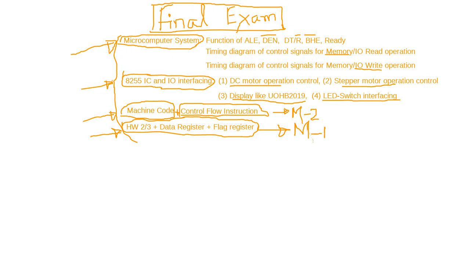What can I do more? No, it is comprehensive, because if I delete it, how can it be comprehensive? I already shortened measure 1. I just say homework 2 and 3, basic information, data register and flag register.